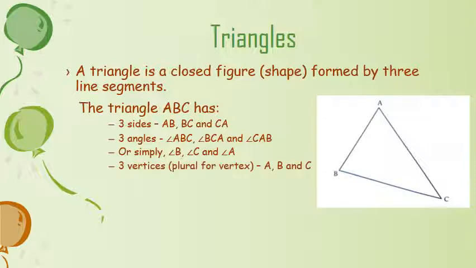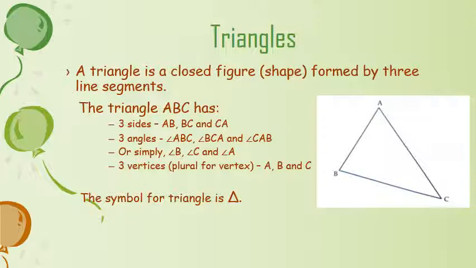A triangle has three vertices. Children, vertices is the plural for vertex. So here we can see that a triangle has three corners or three vertices: vertex A, vertex B and vertex C. The symbol for triangle is this.